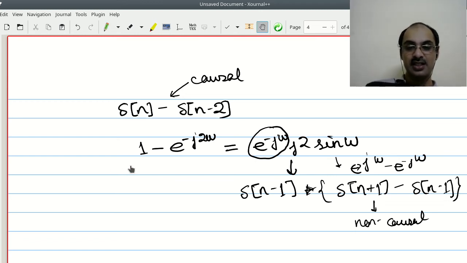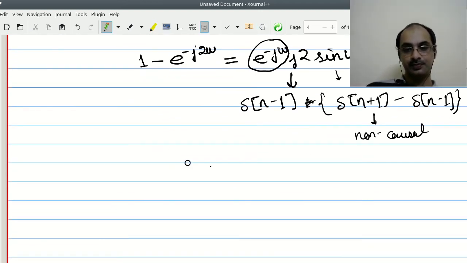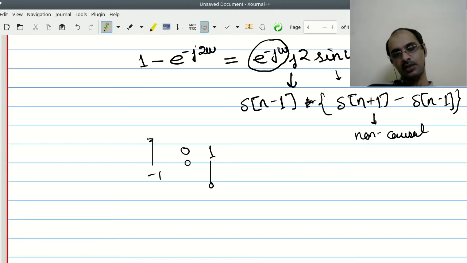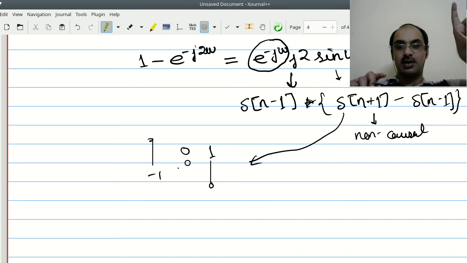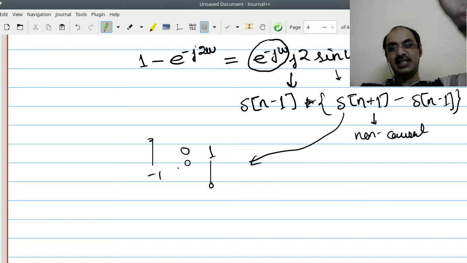If you notice this sequence, this sequence is anti-symmetric about the point 0. That is, to the left of 0 it's plus 1, to the right of 0 it's minus 1, but it's anti-symmetric.